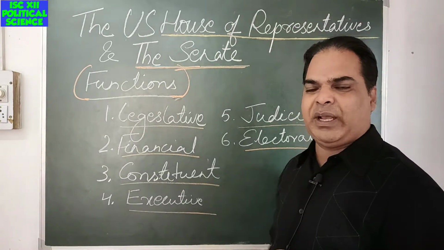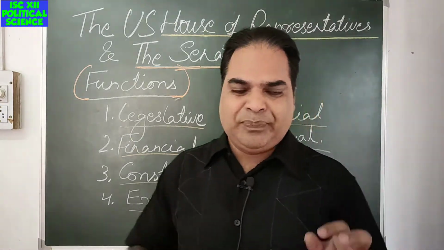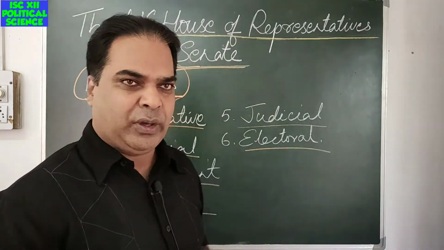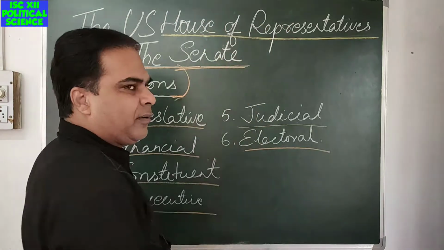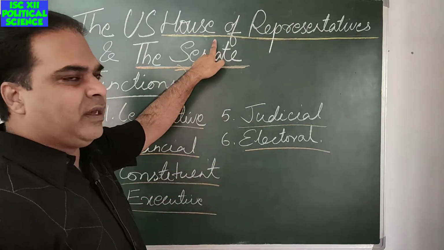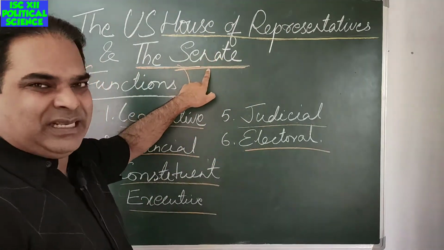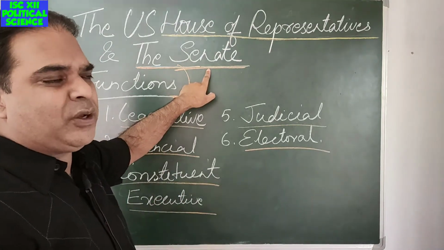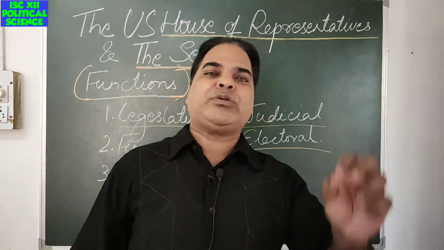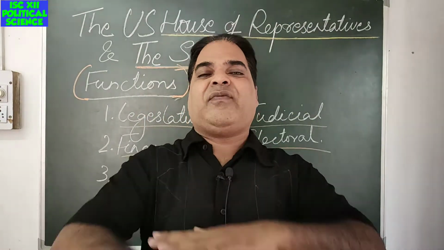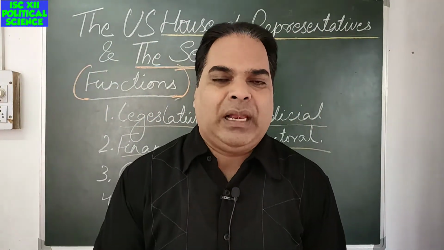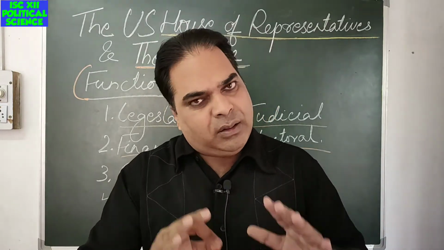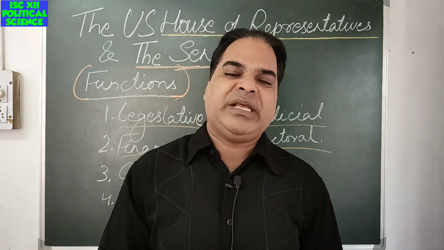Here, my dear, in terms of finances, the money bill can be introduced in the House of Representatives, but it cannot be introduced in the Senate. Why am I telling you so? Because the money bill can be introduced in the House of Representatives, but the final shape of the money bill is decided by the Senate. So in terms of the money bill, who is powerful? The Senate is powerful.